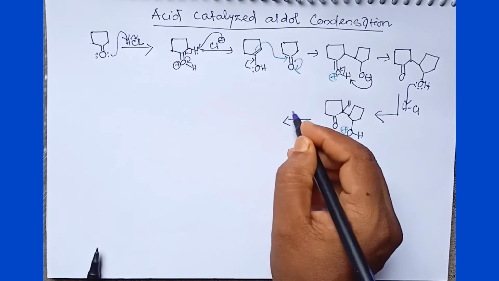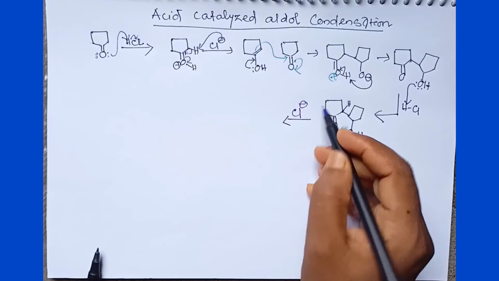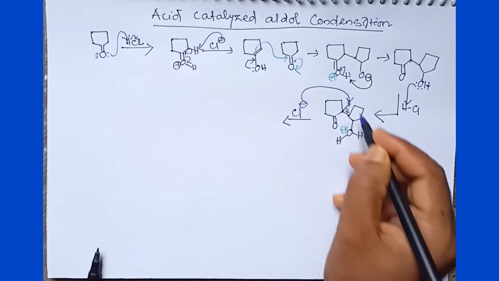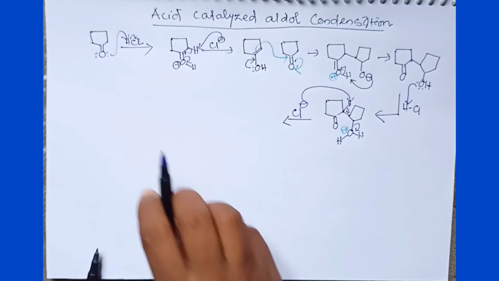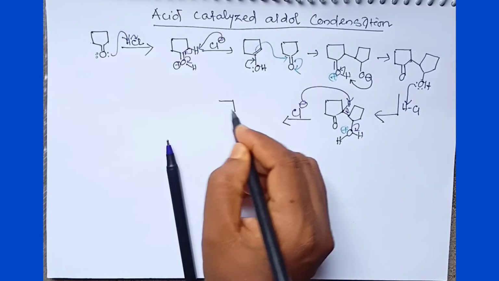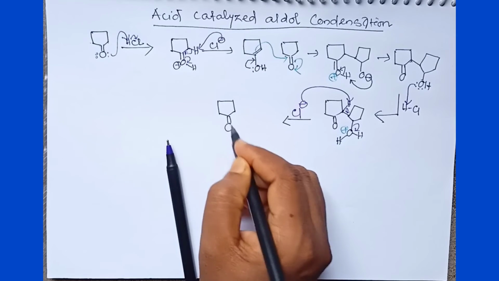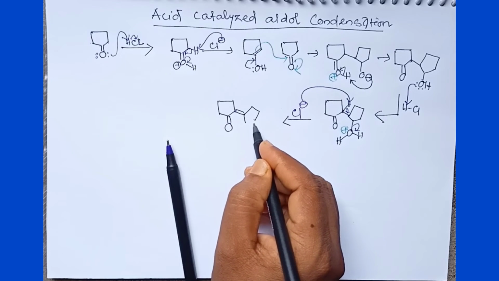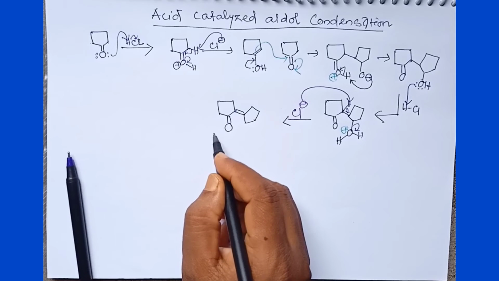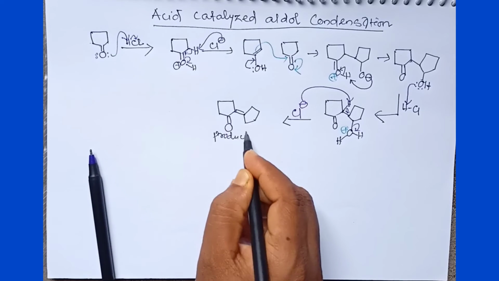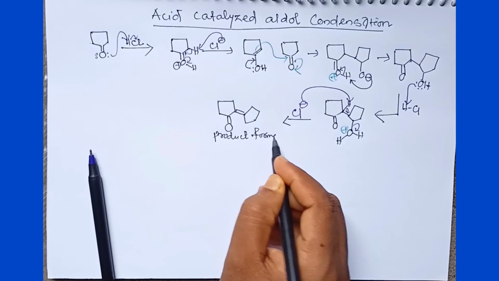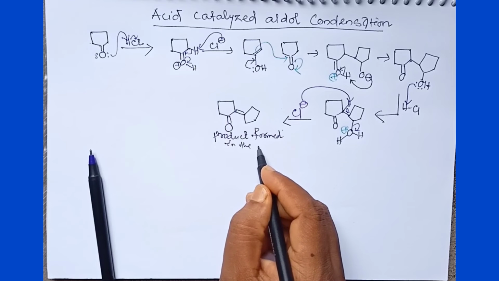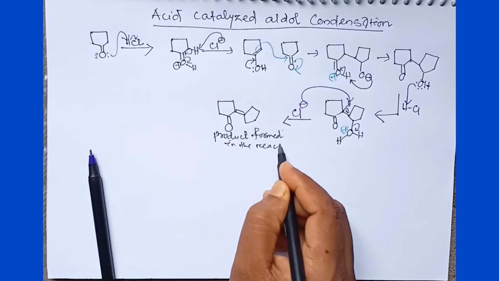Now this alpha hydrogen will be abstracted by the chloride ion and the structure will be formed like this. This is the product formed in the acid catalyzed reaction.